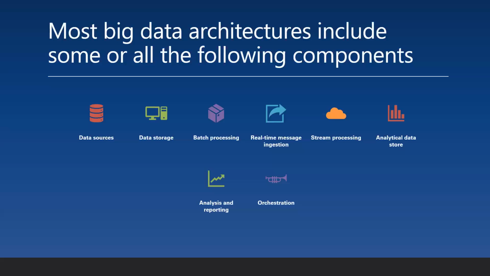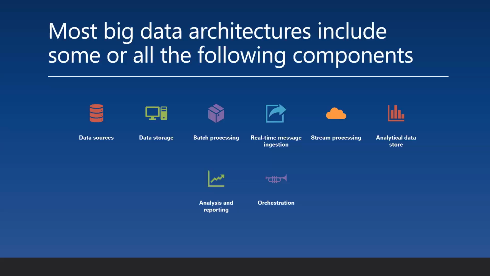The last one, orchestration. Most big data solutions consist of repeated data processing operations encapsulated in workflows that transform source data and move data between multiple sources and sinks, and also load processed data into an analytical data store or push the results straight to a report or dashboard.